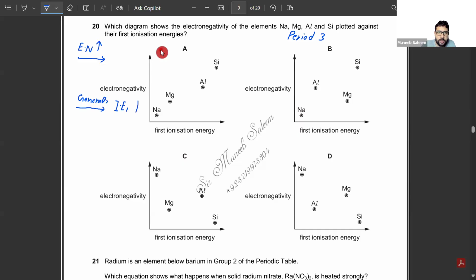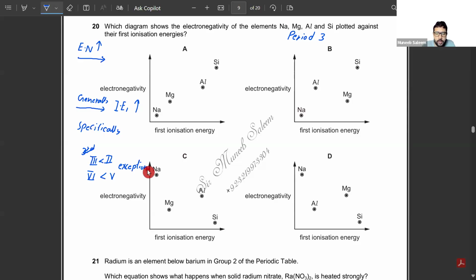But specifically, the first ionization energy of group 3 was less than that of group 2, and also the ionization energy of group 6 was less than the ionization energy of group 5. These were the exceptions in terms of the first ionization energy, so we have to include that factor here.